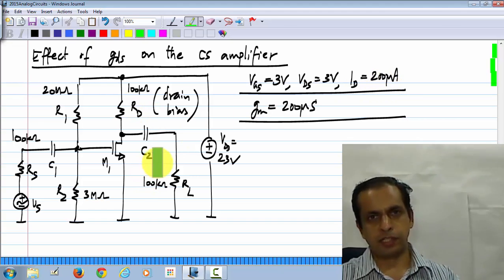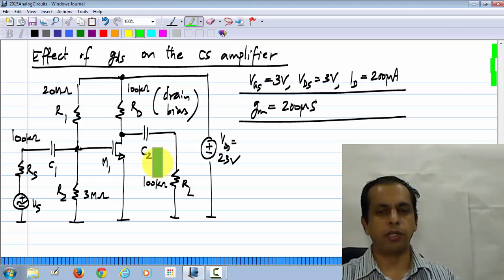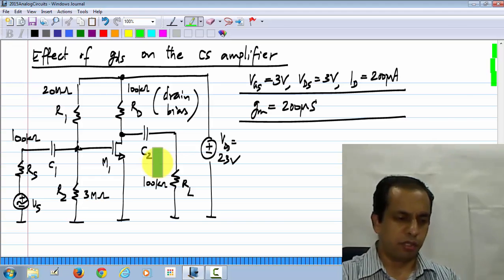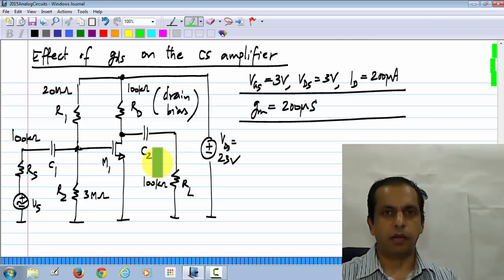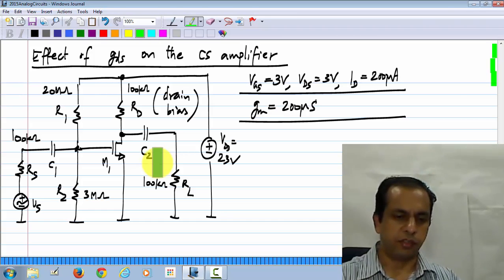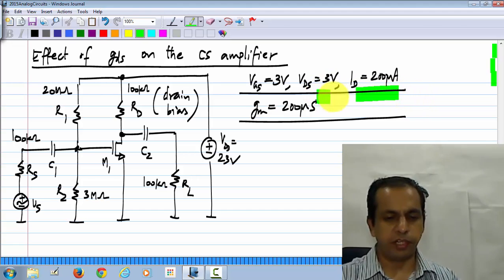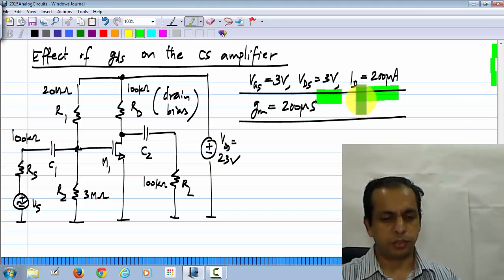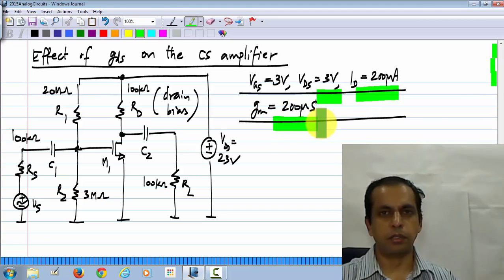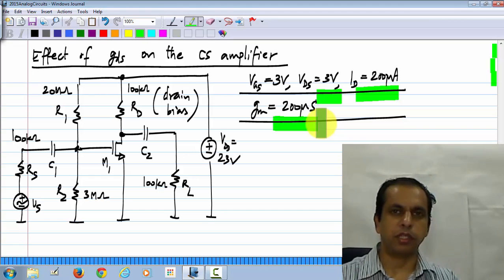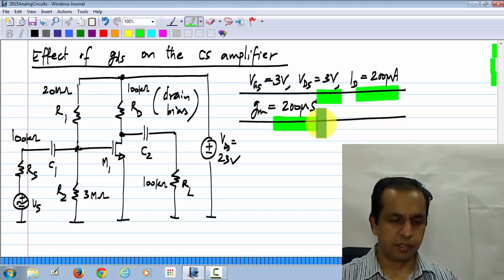But like I mentioned, usually we do operating point calculations without taking into account the effect of lambda VDS. So, we will assume that ID will remain at 200 microamperes, and therefore, VDS will remain at 3 volts and so on, and similarly GM will remain at 200 micro Siemens. So, we ignore the changes in operating point because of this.